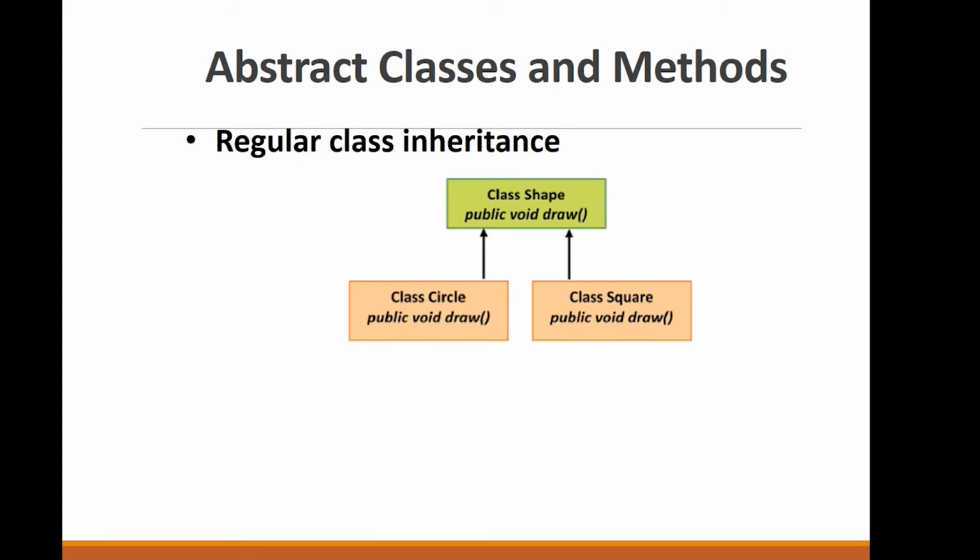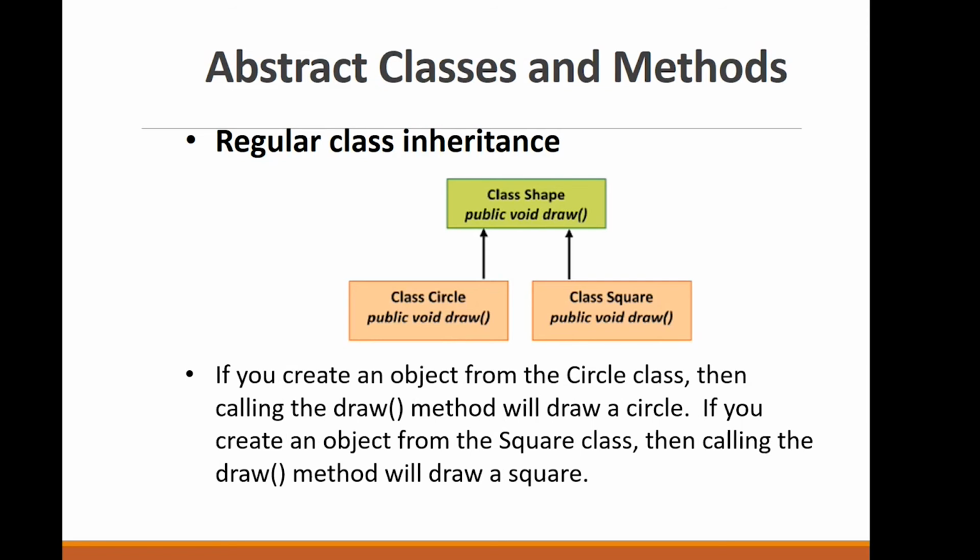You're already familiar with this one. If you create an object from the Circle class, then calling the draw method will draw a circle. If you create an object from a Square class, then calling the draw method will draw a square.